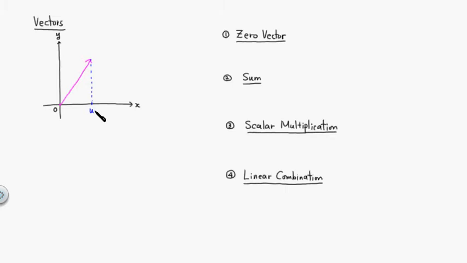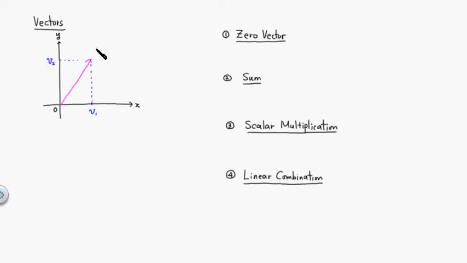Let's say you start from the origin and the arrowhead has the x coordinate of, actually maybe I should call it v1, and the y coordinate is, let's say, v2.